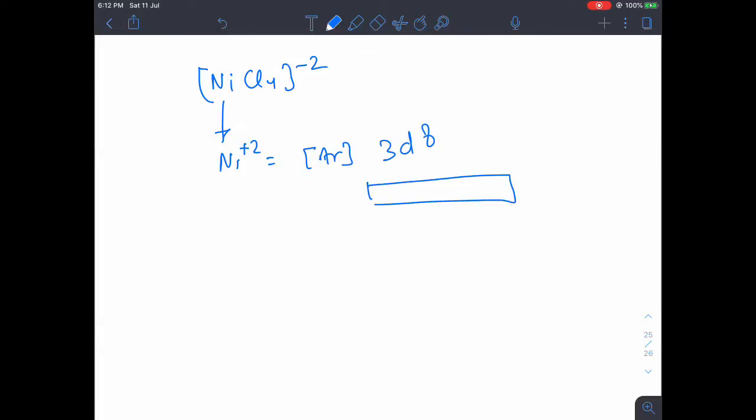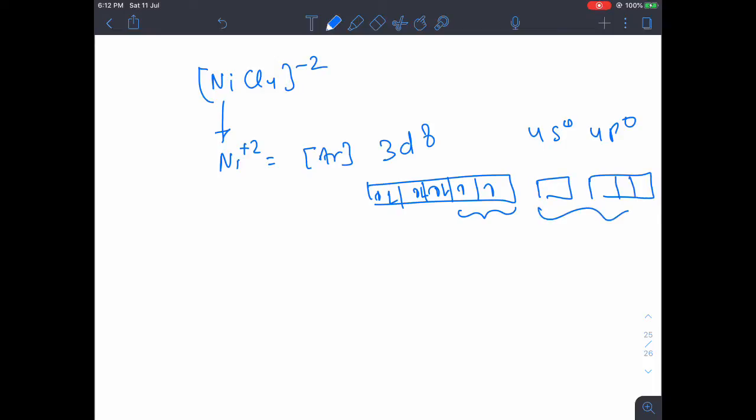So 3d8 means we have 1 2 3 4 5 6 7 and 8. So we have 2 unpaired electrons, and 4s0 and 4p0. Since chlorine is a weak field ligand, it will not cause any pairing. That's why for the hybridization we have to take s and outer p. So this will be paramagnetic for sure.